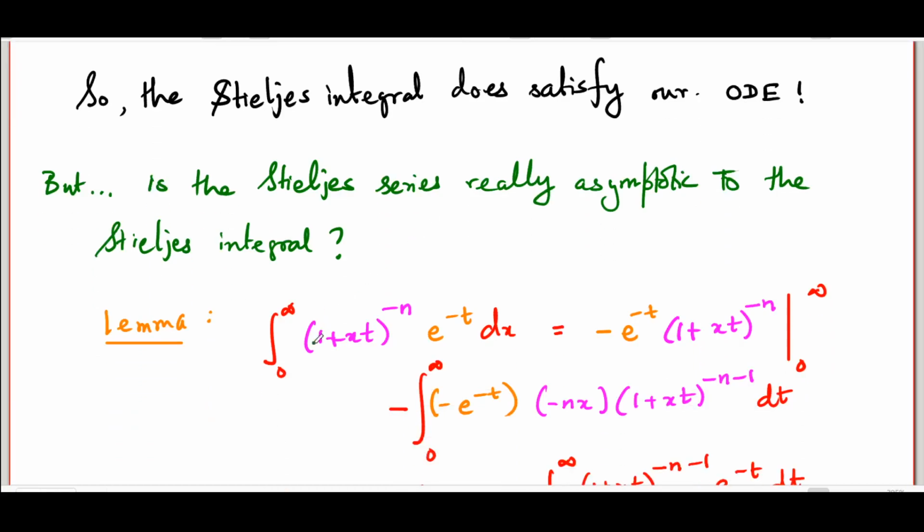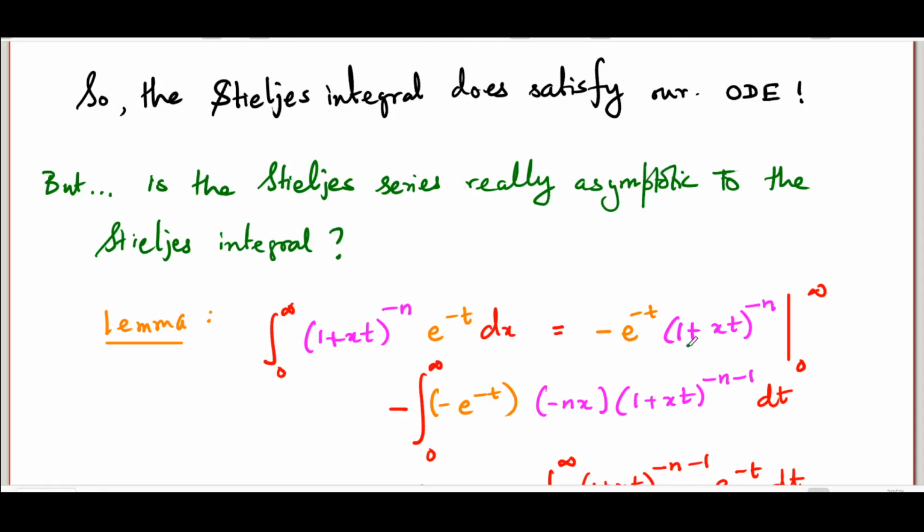If you take any negative power of 1 plus xt, multiply that by e to the minus t dt, and integrate from 0 to infinity, you can actually carry out an integration by parts, using this as a function to be integrated and this as a function to be differentiated. That is, this is my so-called first function and this is the second function here.